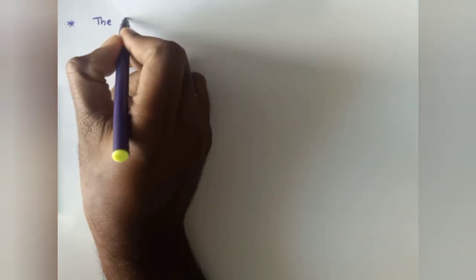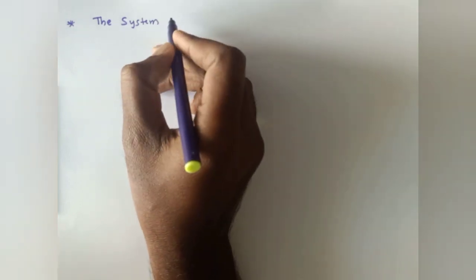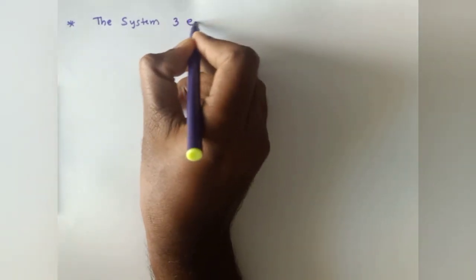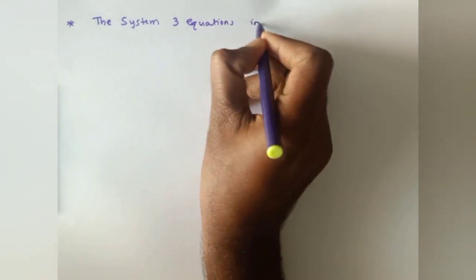When are they unique and when are they not unique, and when does the system have no solution. Okay, so let us consider the system of non-homogeneous equations, three equations in three variables.